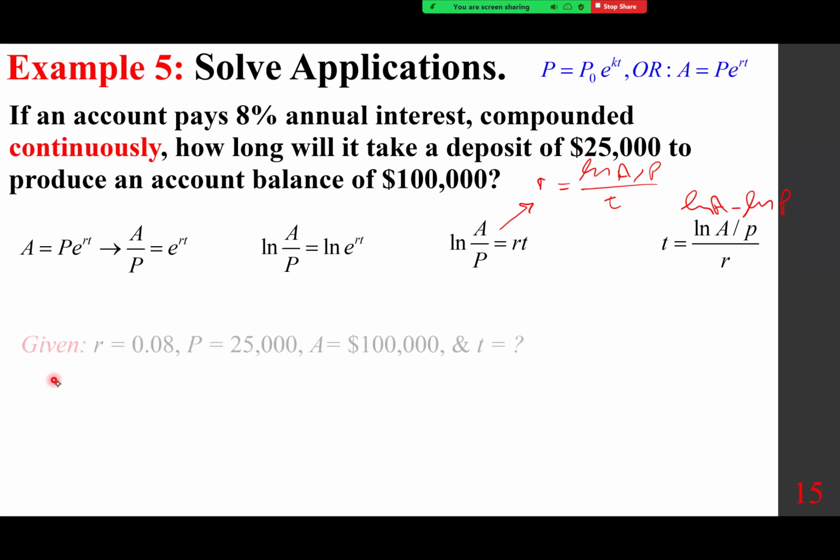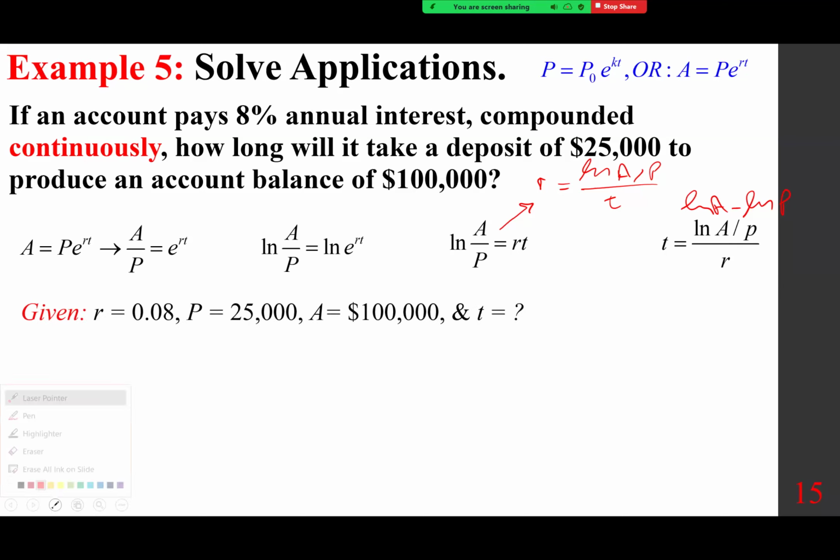So in any event, we mentioned that R is 0.08, P is 25K, A is 100K, and now if we want to go with the formula, we are going to go with ln of A over P. That means the natural log of 100,000 divided by 25,000, divided by 0.08.